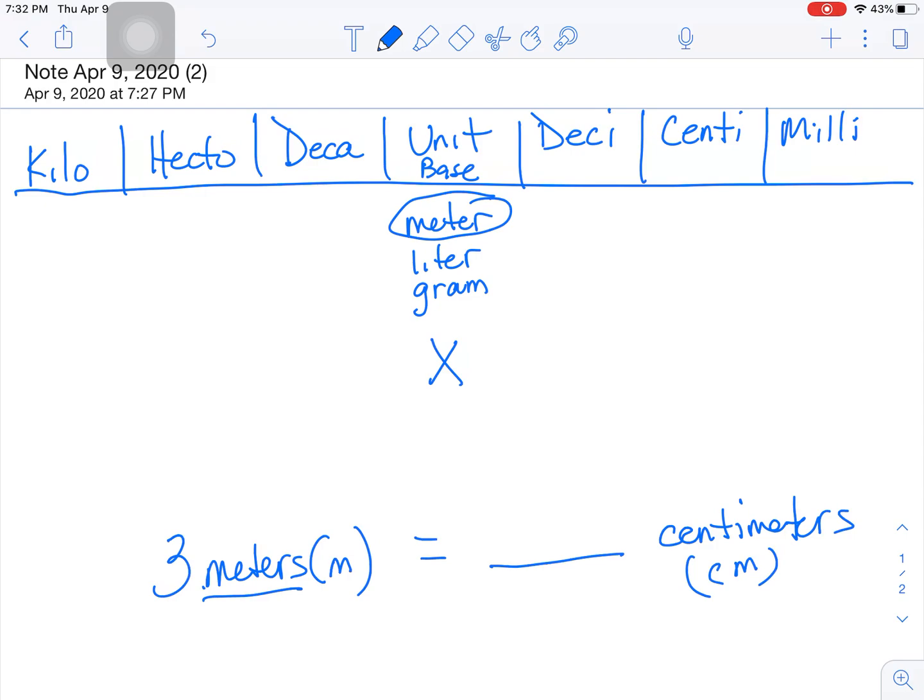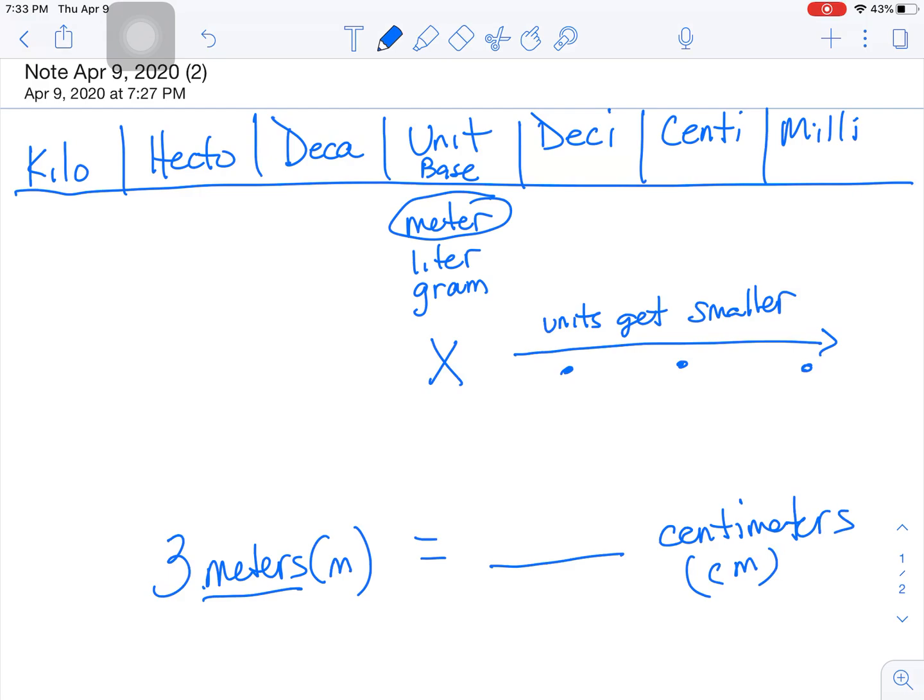And now I want to think about what happens as I move in different directions on the chart. Now you're going to remember I said that as we go to the right, my units get smaller, but that means that in a meter, there's going to be a lot more decimeters, centimeters, and millimeters because I am chopping up that meter into small little pieces.